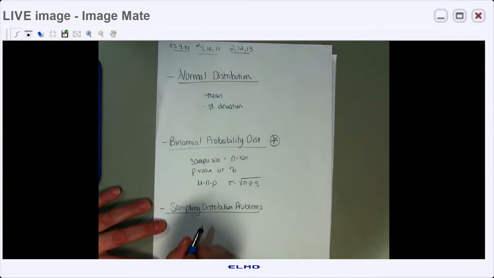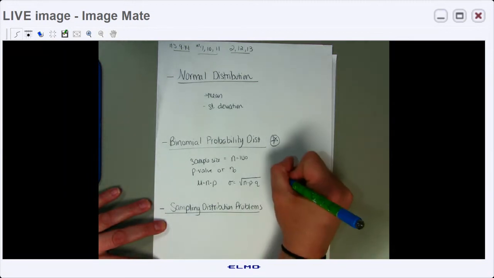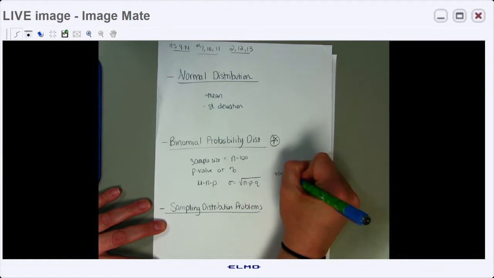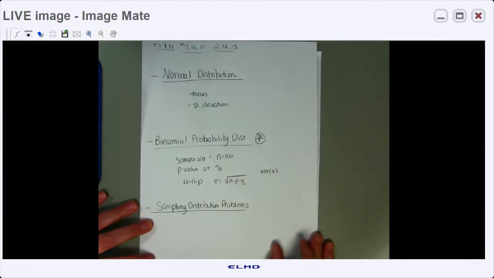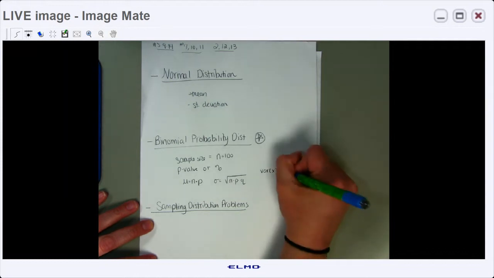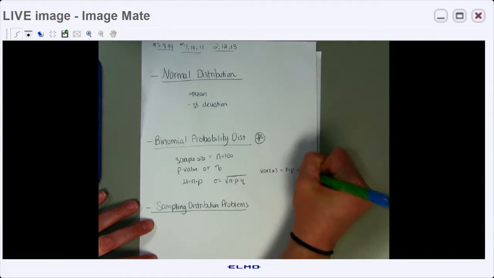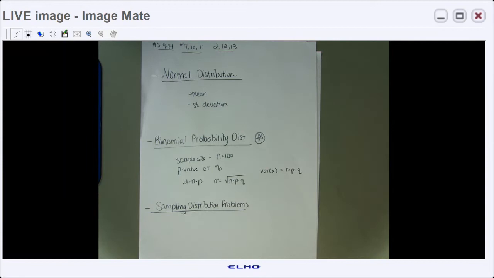And then, of course, in some of the questions, it did ask you to calculate the variance. And I think it was written as the variance of x, and that is just n times p times q, because variance is what you have before you take the square root to get the standard deviation.